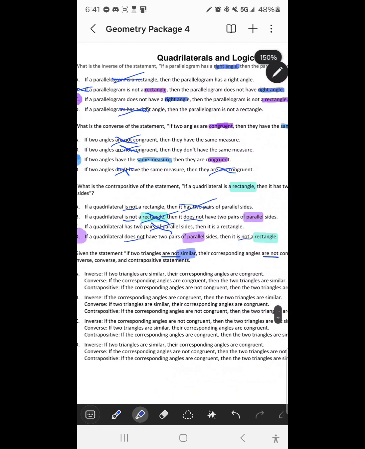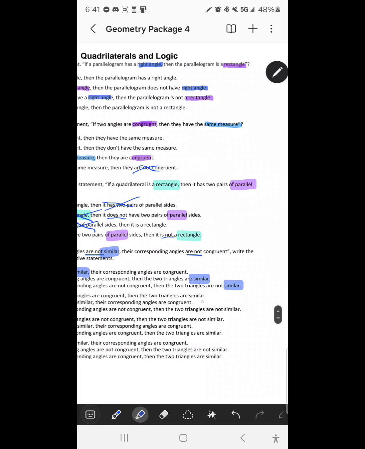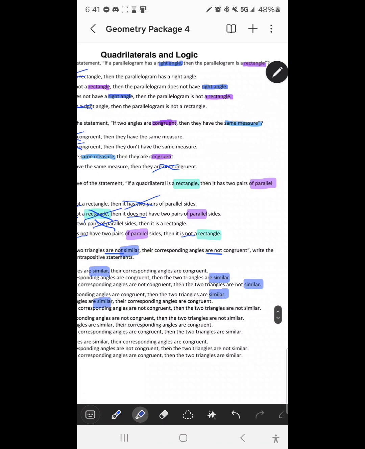Let me put all the similar, similar, similar, and then for the congruent here, here, here. Okay, this is what we have. Let me write this better.